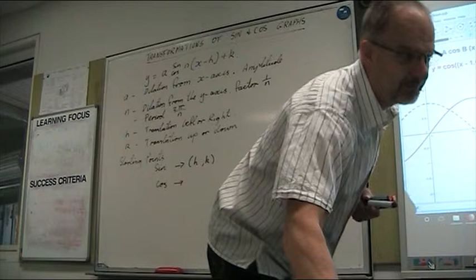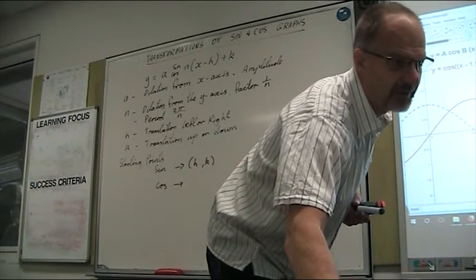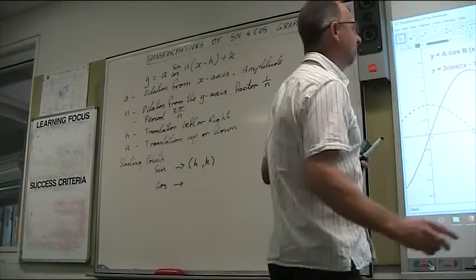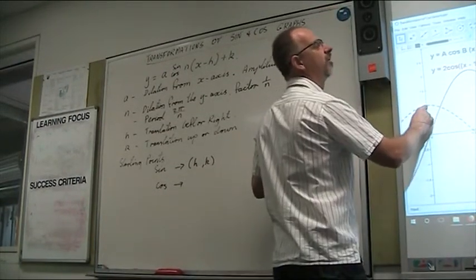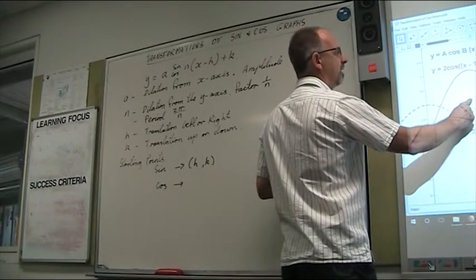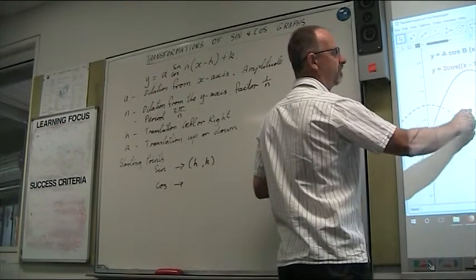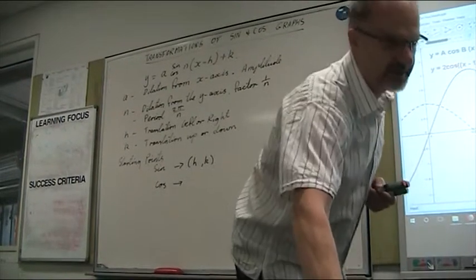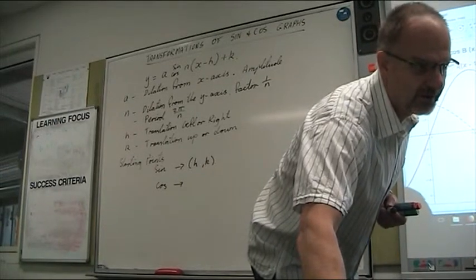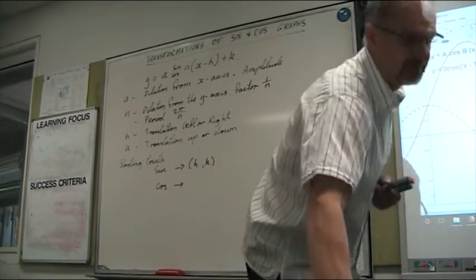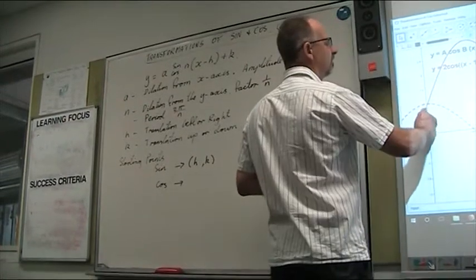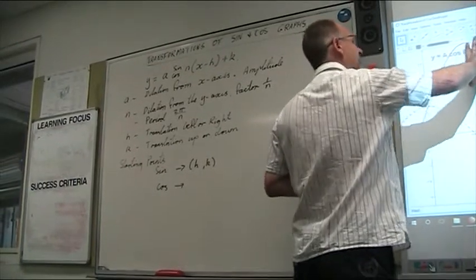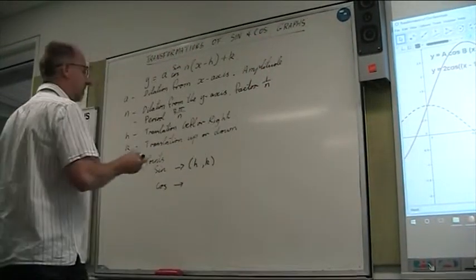So if I change my amplitude, so the A, so I make that 2 now. All right, so yes, it's been moved across to here, to pi on 2, but because my amplitude's 2, it starts there, and then of course if you move it up, so it's been moved across, it's been moved up, and then we've got our amplitude on top of that.